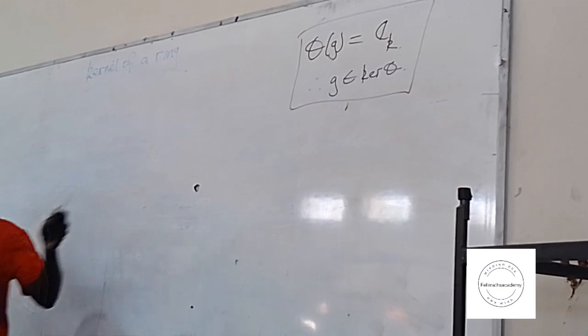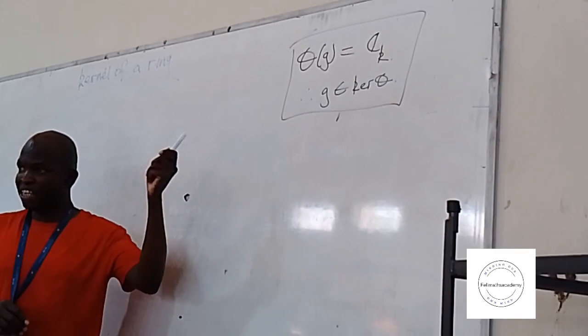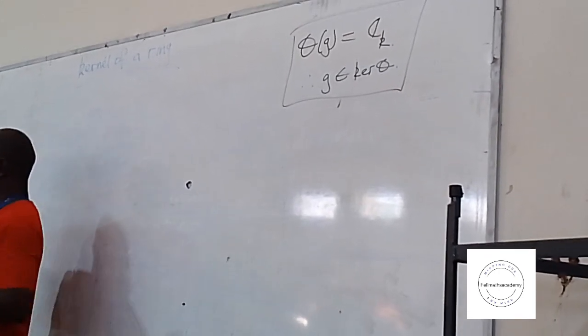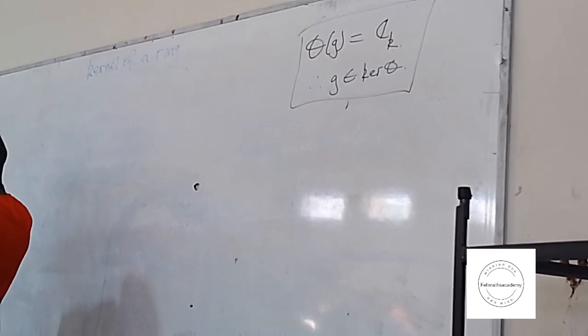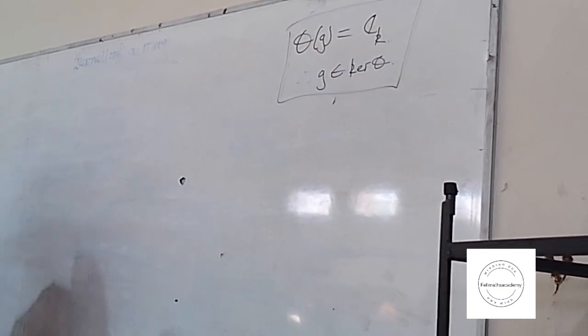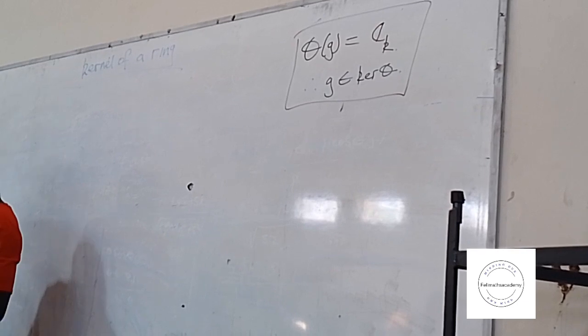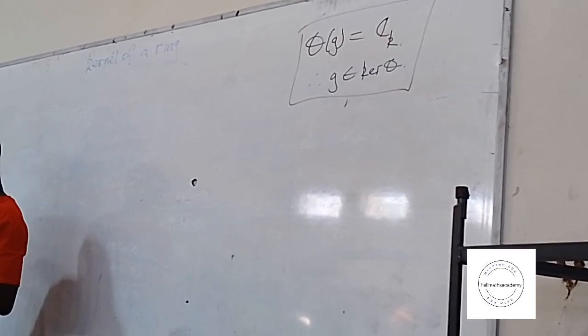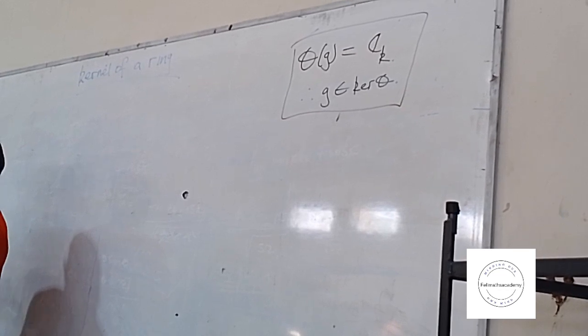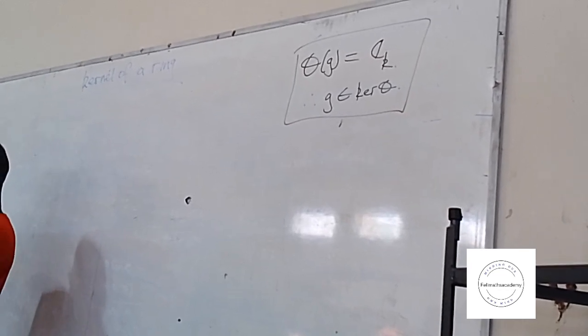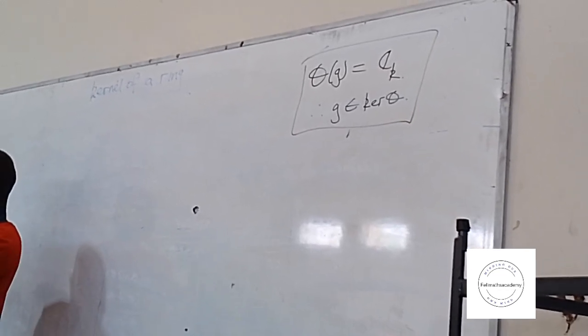But e_k is the identity in rings. Remember the axioms of rings. Identity number one is for addition. Yes, okay? For multiplication, there is no same group. But for addition, it's a full abelian group.